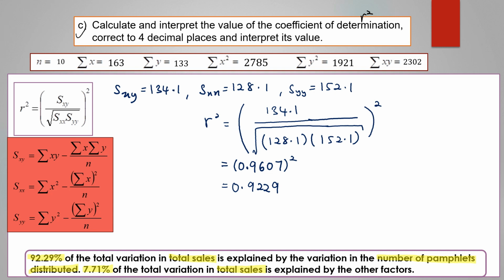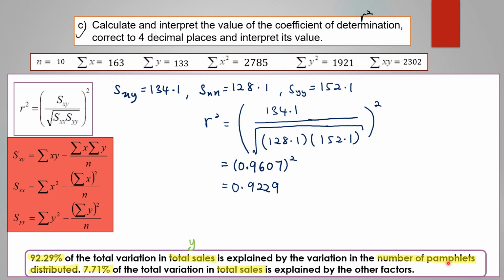If you notice the highlighted parts, you need to substitute with the value and the variable in the question. For example, here 92.29% depends on the value of R square that you get. And then "of the total variation in" will remain the same. Total sales refers to the variable of Y. The next part, "is explained by the variation in the," will remain the same in any interpretation of R square.